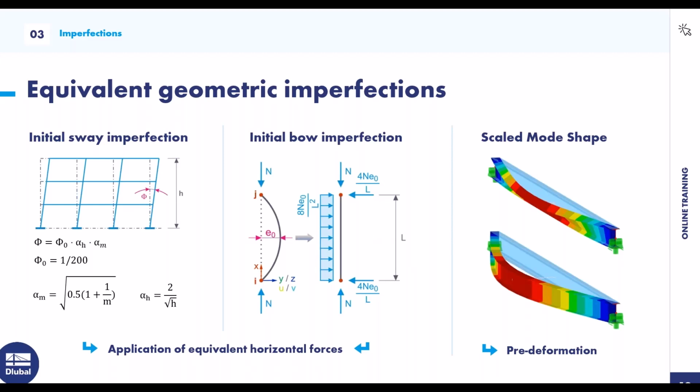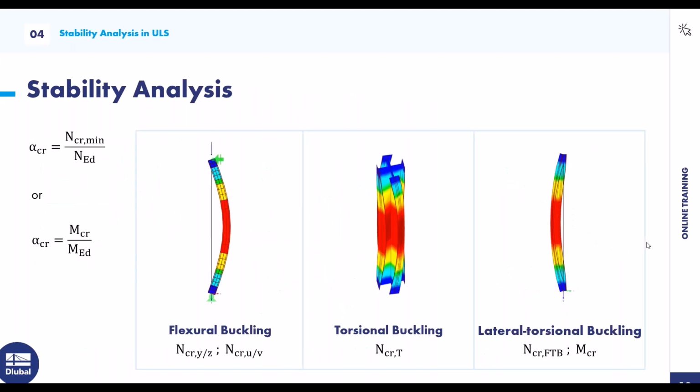These two variants are possible for the equivalent geometric imperfections. Another alternative is pre-deformation, which can be calculated with the help of stability analysis. The respective governing eigenmode is scaled and applied as an imperfection. That's not so often used, but it's possible. What you often use is the initial sway imperfection or the initial bow imperfection, or both. You can see that in a later slide.